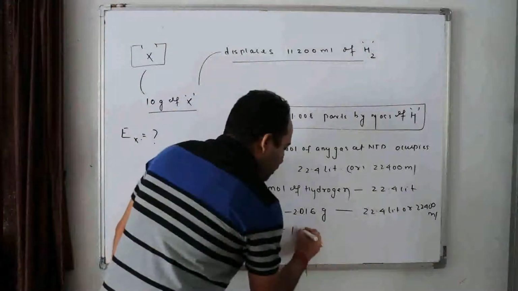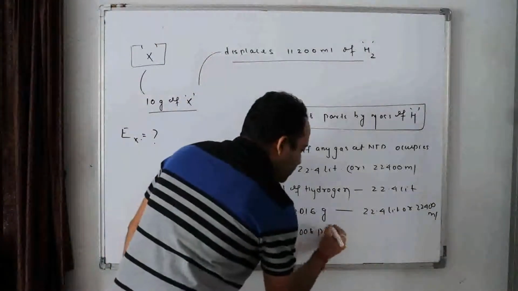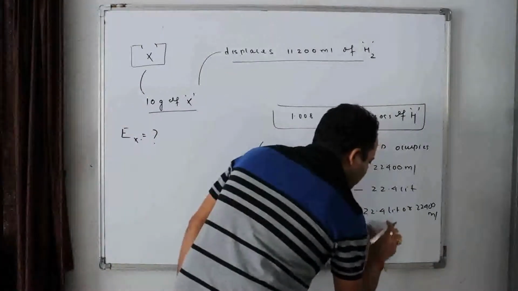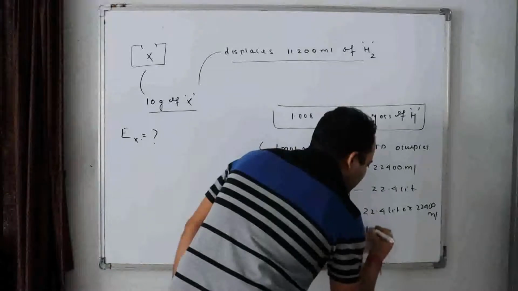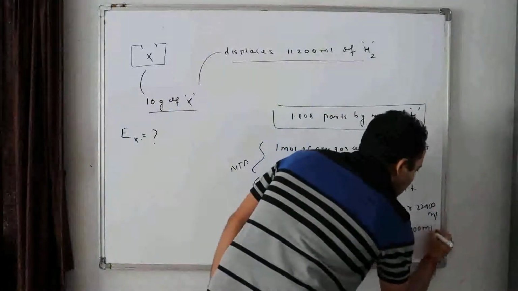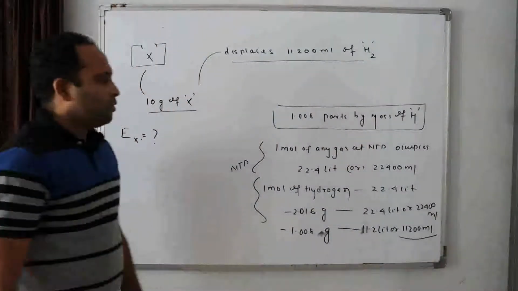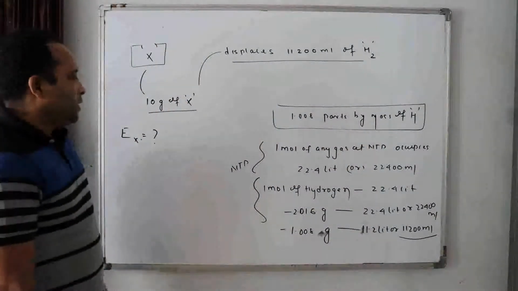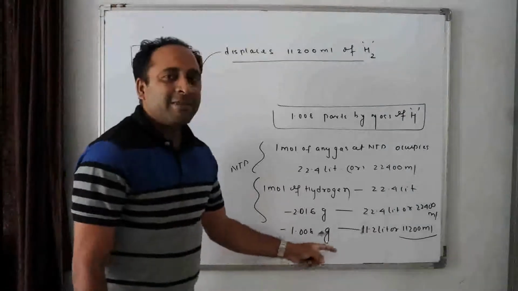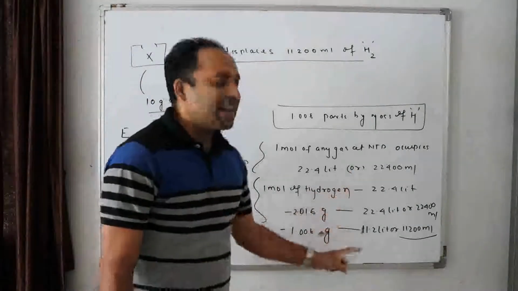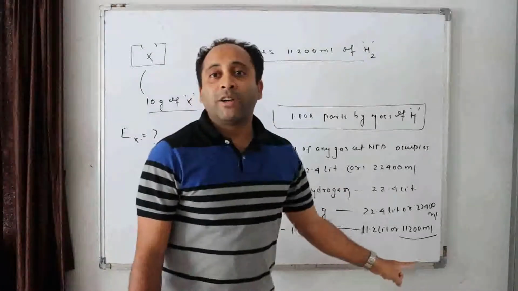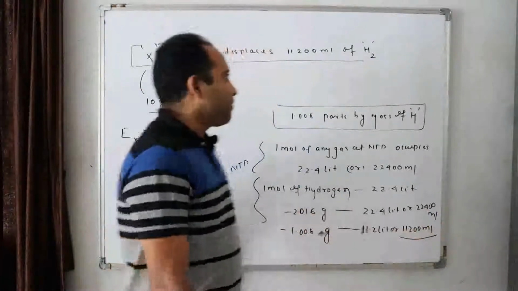So 1.008 gram will occupy how much? 22.4 half, 11.2 liters or 11200 ml. Okay?